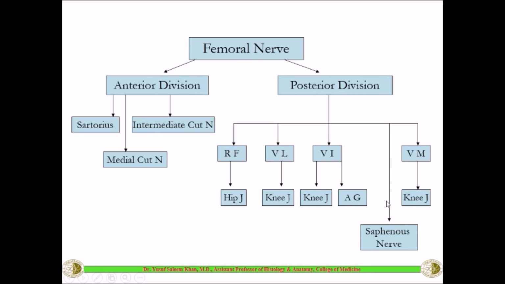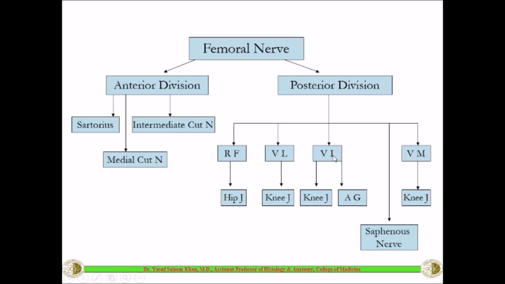So this is how you are supposed to remember. The femoral nerve has two divisions, anterior and posterior. The anterior division will supply one muscle and two cutaneous branches, the medial and intermediate cutaneous branches, and the posterior division will be giving branches to the rectus femoris, and in turn this nerve also supplies the hip joint. The branch which supplies the vastus lateralis supplies the knee joint.